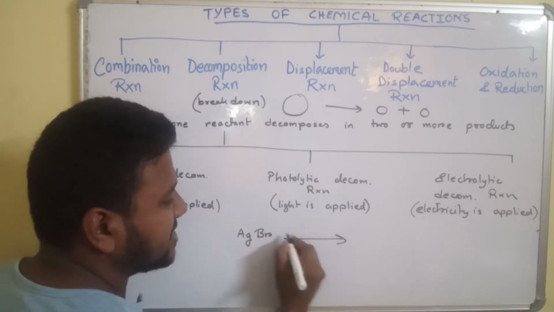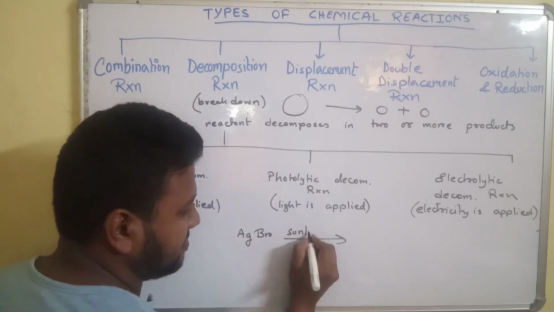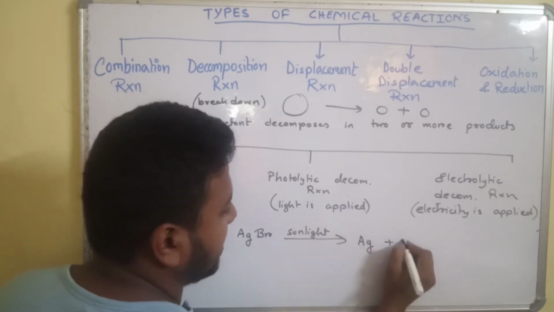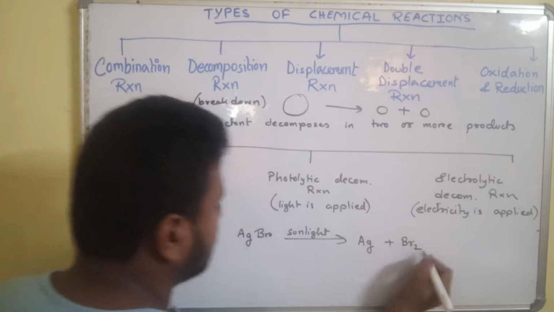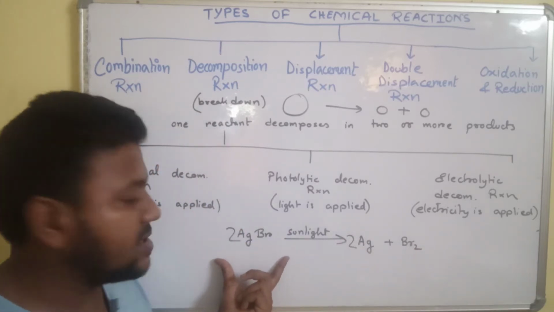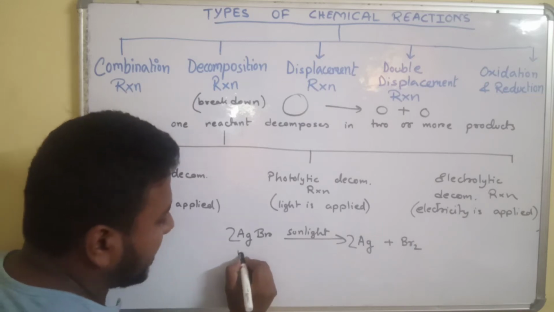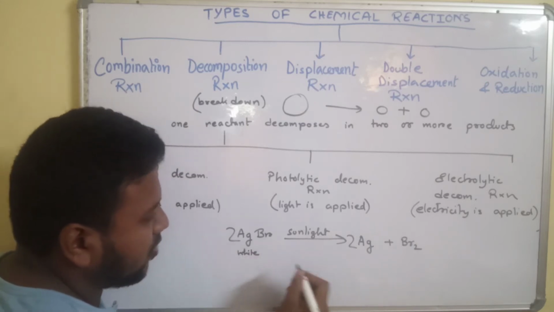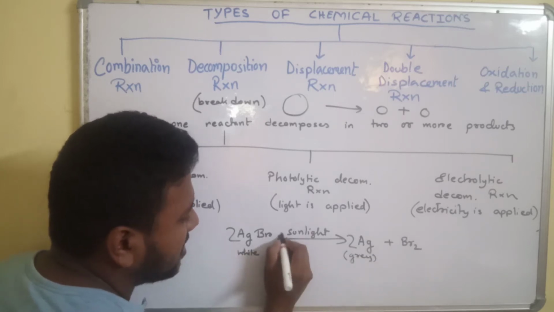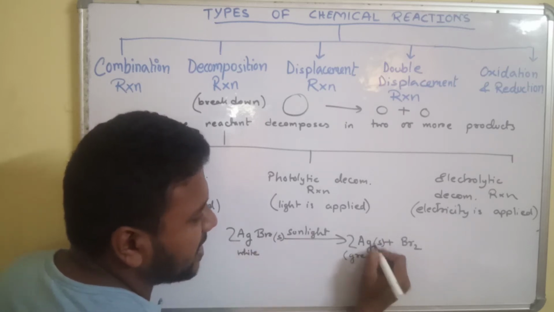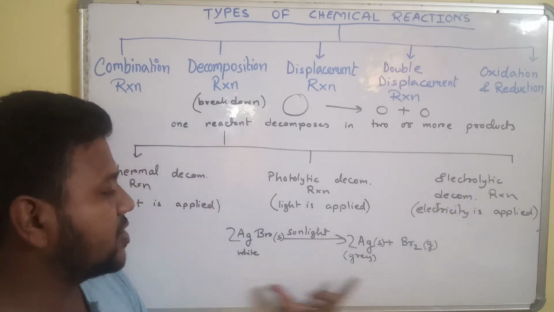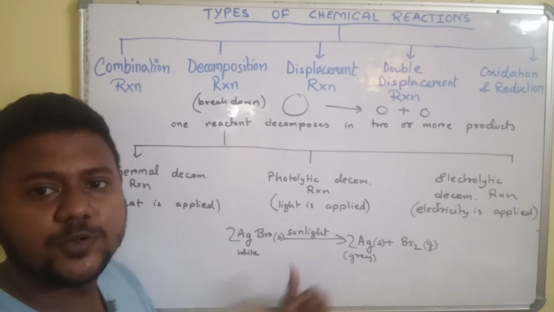When it is kept in sunlight for a long time, it breaks down into its constituents, Ag and Br2. In this reaction we will see a white salt turn gray in color, with the liberation of bromine gas. It is called a photolytic decomposition reaction.